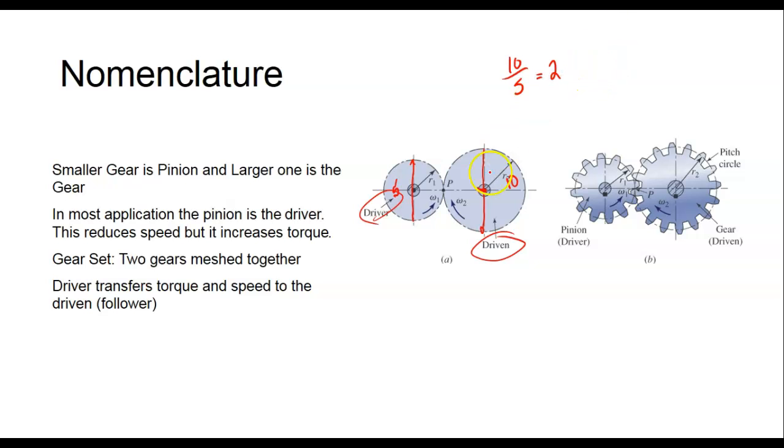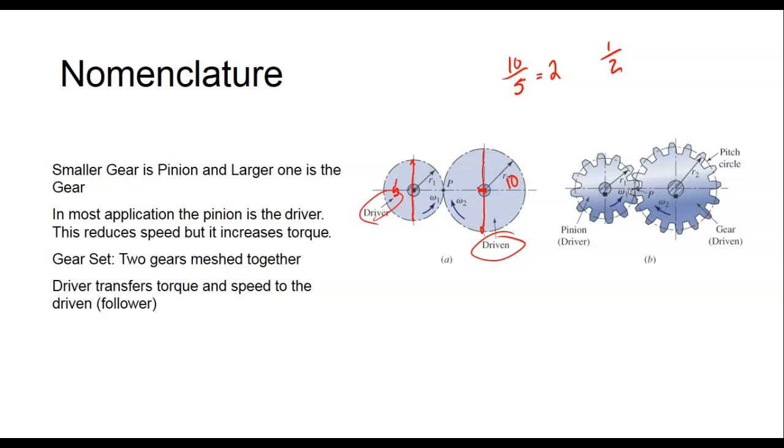The speed we'd flip around, because speed and torque are inversely proportional. So the output gear would be running at 1/2 the speed of the input. That makes sense? So they're actually opposite of each other.